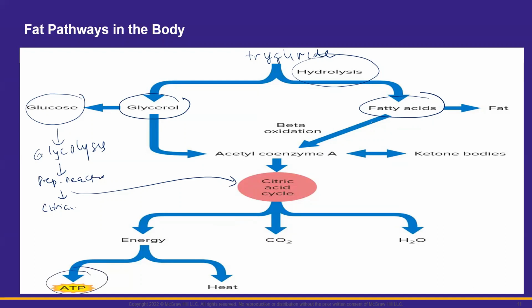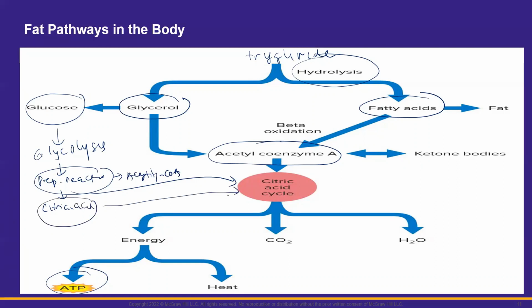Or this glycerol can be converted directly into acetyl-CoA, and this prep reaction will produce the acetyl-CoA. It's the same process, and this acetyl-CoA will go to the citric acid cycle and produce ATP, carbon dioxide, and water.